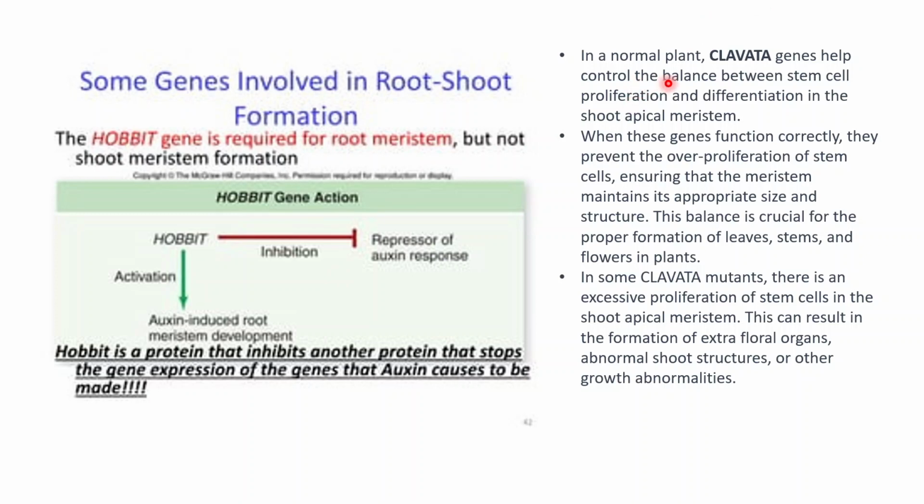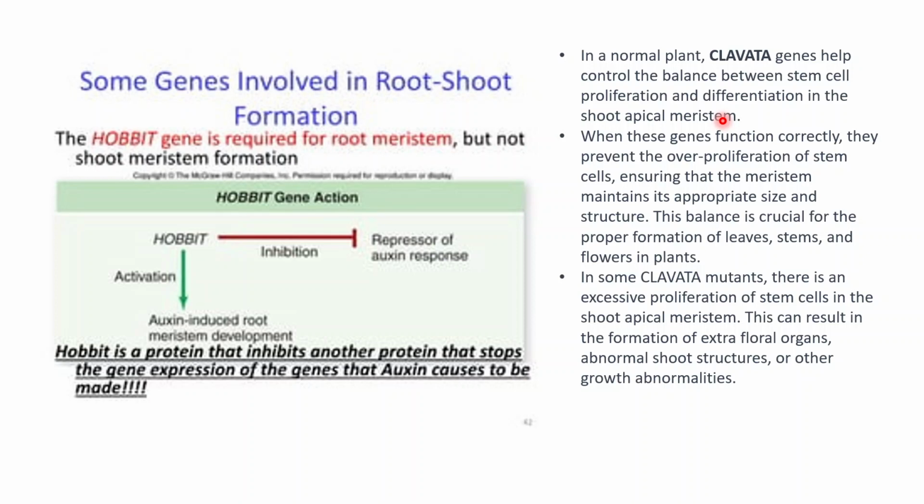Let us have a look at the Clavata mutant. In a normal plant, the Clavata gene helps control the balance between stem cell proliferation and differentiation in the shoot apical meristem. Just in the previous question we saw Clavata is there in the central zone, whereas Wuschel is there in the organizing center.